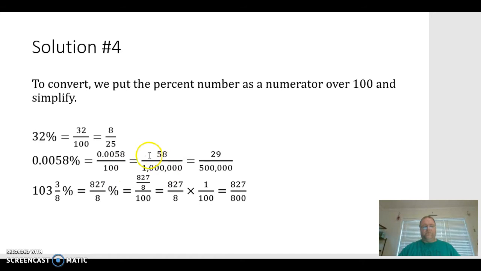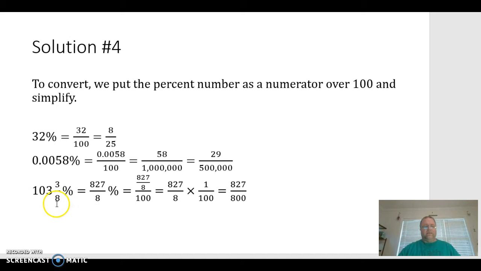And then since we multiplied the top by 10,000, we have to multiply the bottom by 10,000. 10,000 times 100 is 1 million. And then we can divide both the top and the bottom by 2 to get it in reduced form, 29 divided by 500,000.